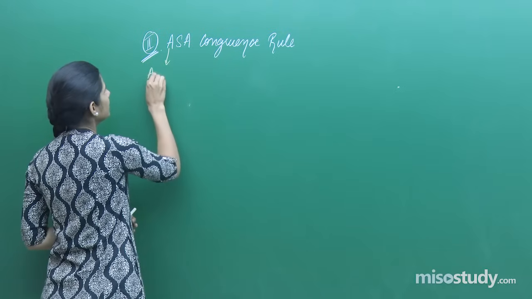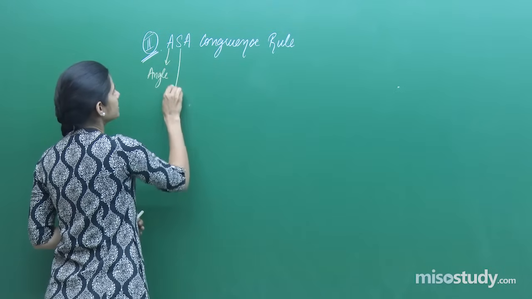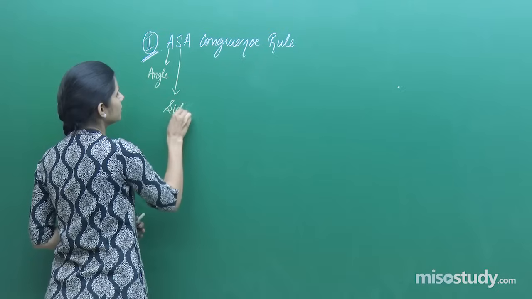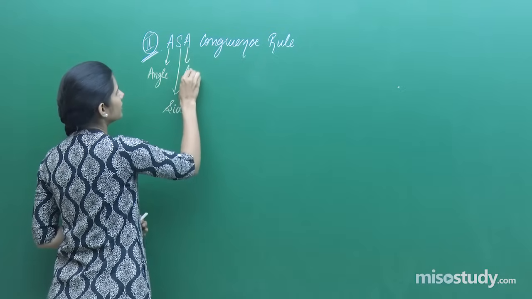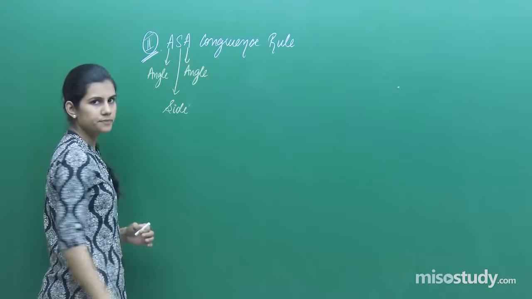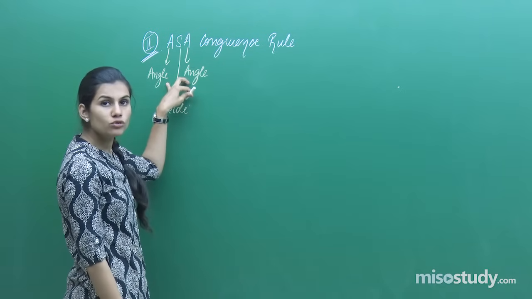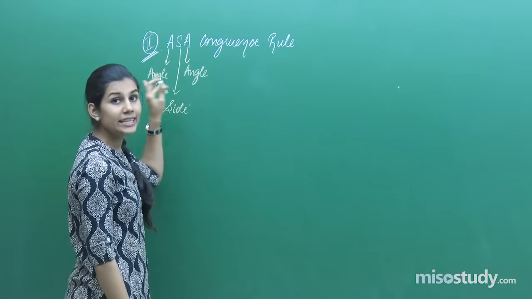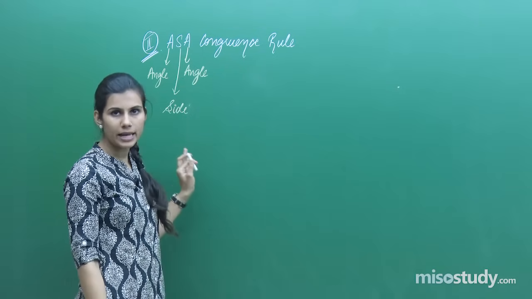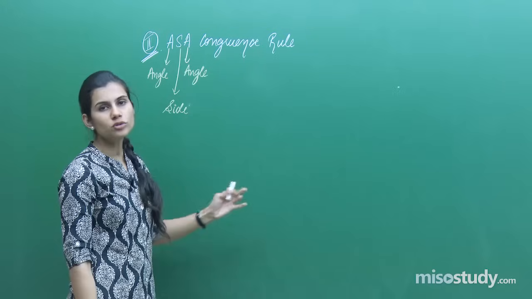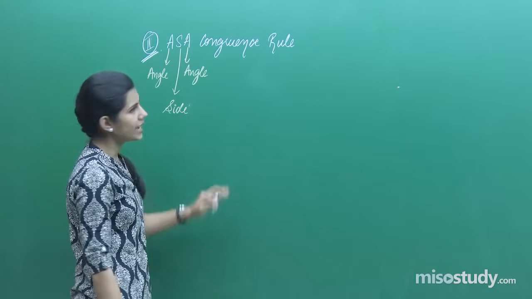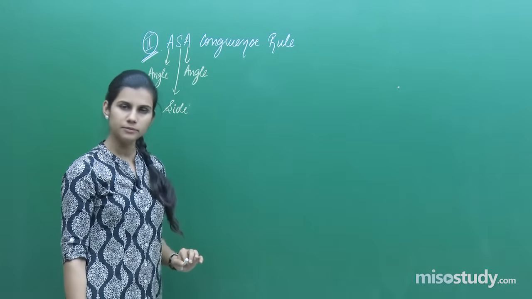Obviously A stands for angle, S stands for side, again A stands for angle. If two angles of one triangle are equal to two angles of the other triangle and the included side between them is also equal, you say the two triangles are congruent by ASA congruence rule.